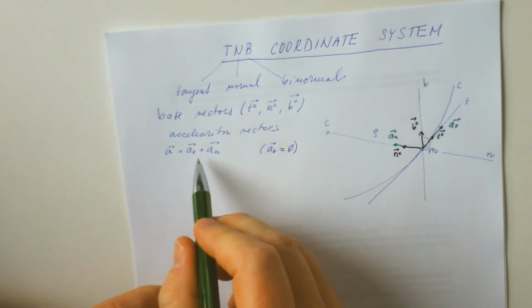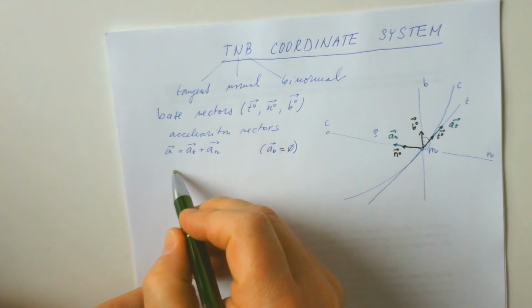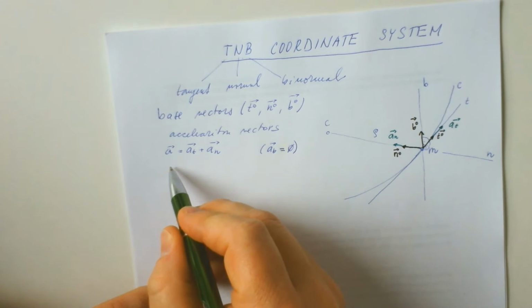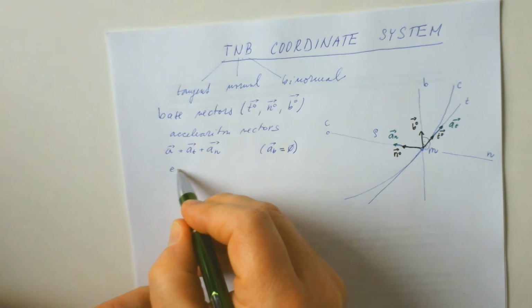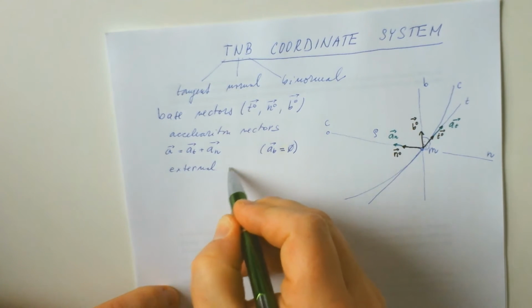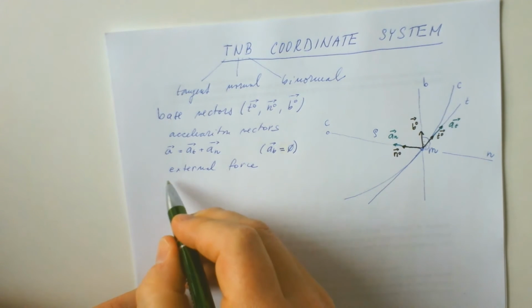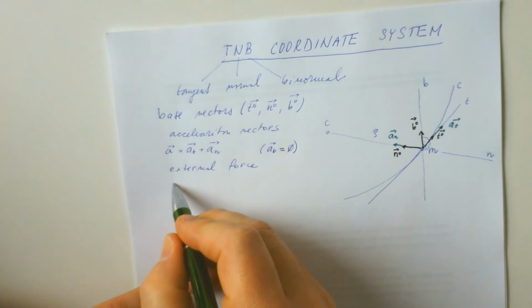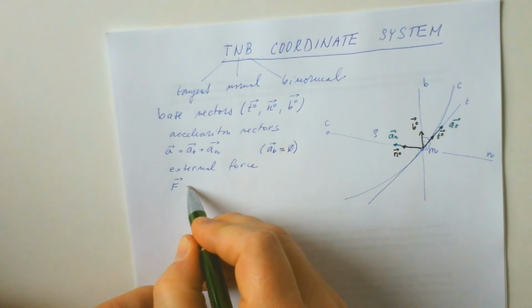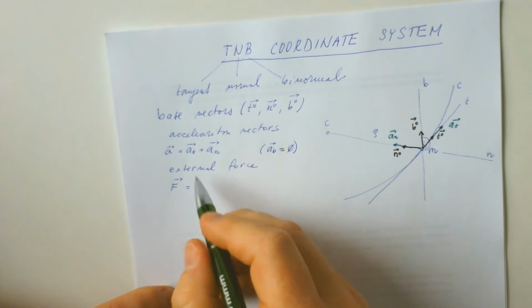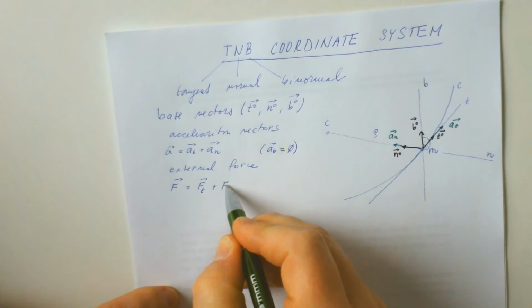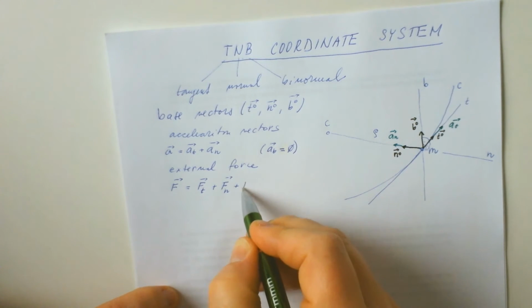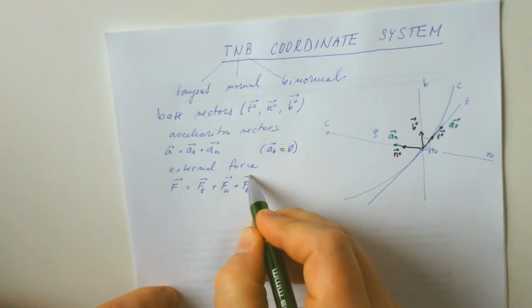And if some particle accelerates, so probably there is some force, external force acting to the particle. It is given by components. So external force consists of tangent, normal, and binormal components.